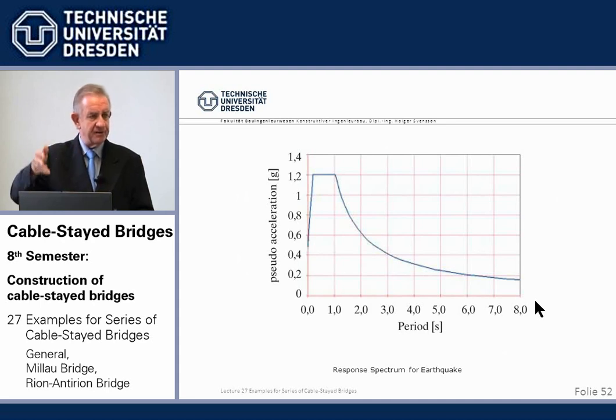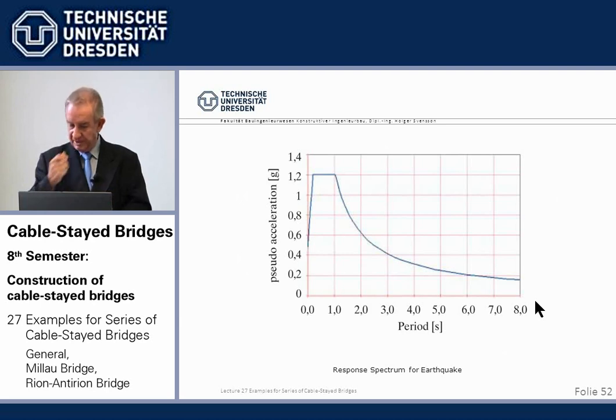It oscillates some way. And then we have a defined single mass oscillator to which we apply this earthquake. And the response of this single degree of freedom oscillator, that's what we call a response spectrum. It's the response of this oscillator to the given earthquake.